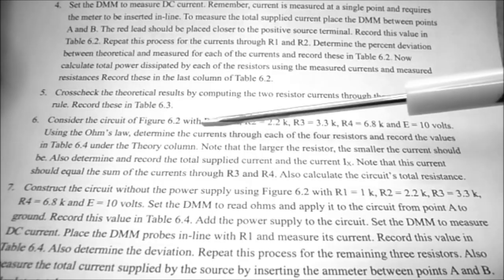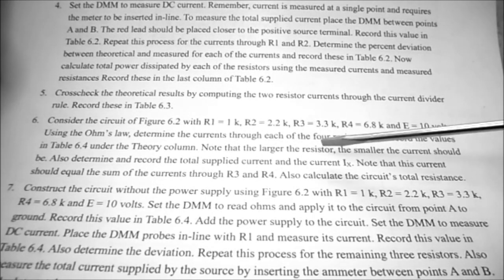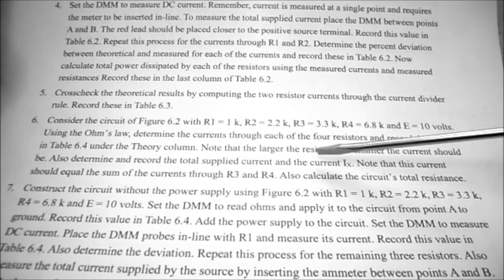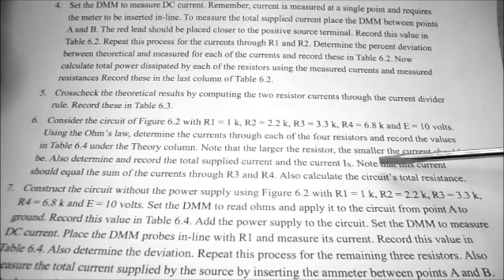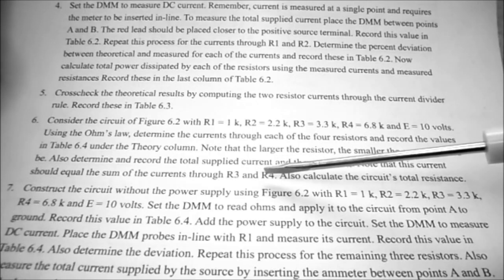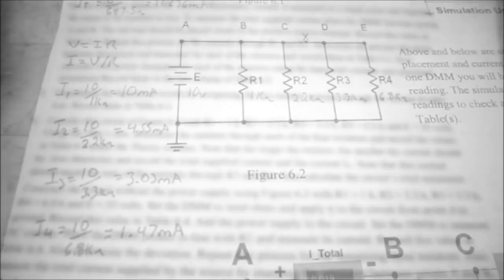Record those in table 6.4. We also have to determine and record the total supplied current and the current IX. Now this current should be equal to the sum of the currents through R3 and R4, and we need to calculate the circuit's total resistance.